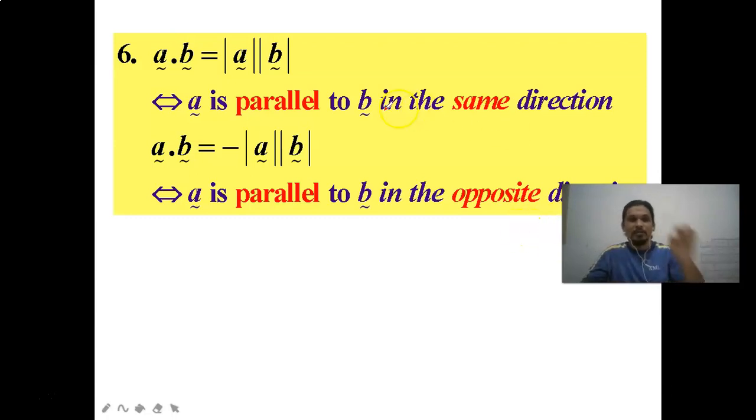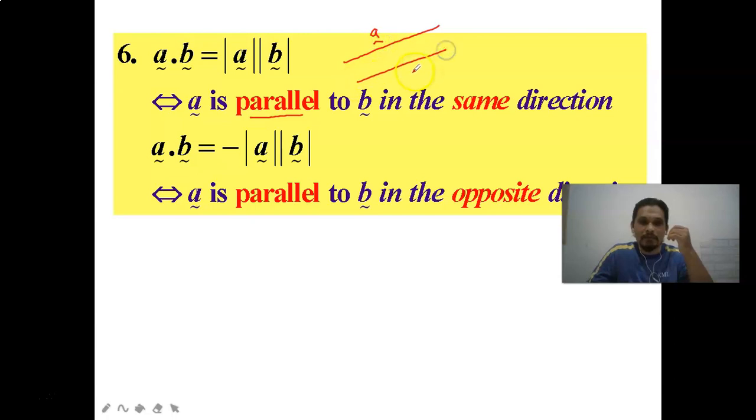Okay, so look at this one here now. The scalar product A dot B equals the modulus of A times the modulus of B if and only if A is parallel to B in the same direction, meaning this is a vector A and this is a vector B. Parallel means that at any point these two vectors won't meet, from the beginning until the end.